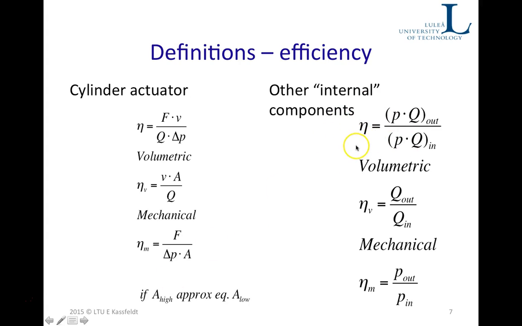If you have other components, you can also discuss the efficiency. The power efficiency for a valve, for example, can be described as the flow through the valve times the pressure after the valve, on the side that you can call out, divided by flow into the valve times the pressure before the valve.